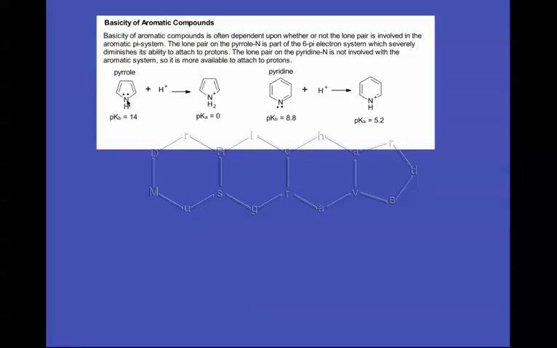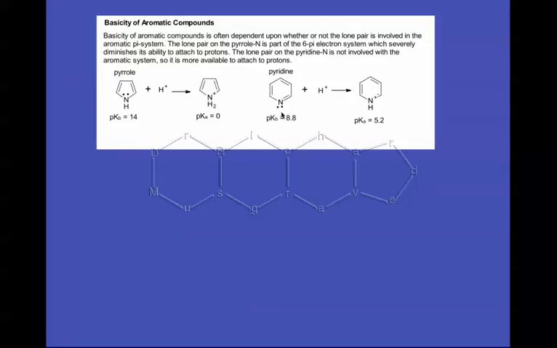That means it's going to be pretty difficult for these to grab an H+, and you can see that's reflected in the basicity. The pKb is actually 14, and the conjugate acid is a very strong conjugate acid. It would love to get rid of that H+, and the reason it would do that is so it can become aromatic again. So we've got a very low basicity here because the electrons on the nitrogen are involved in the aromatic system.